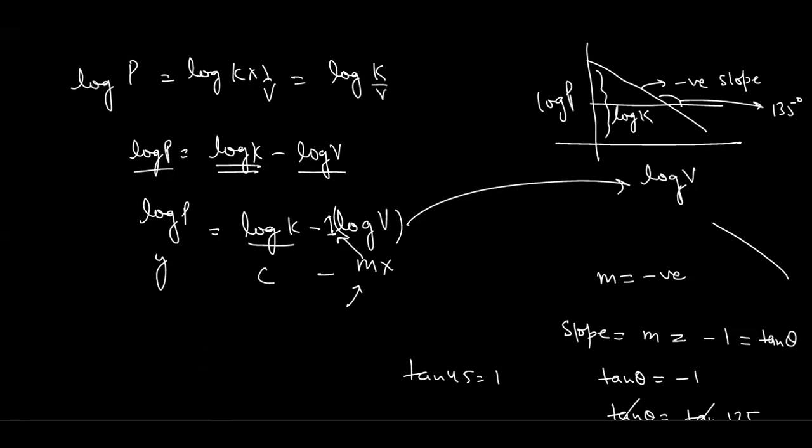So if we have the graph of log V and log P given in your examinations, in the objective question papers, then you need to consider this graph also. If the concept is clear, log P and log V.